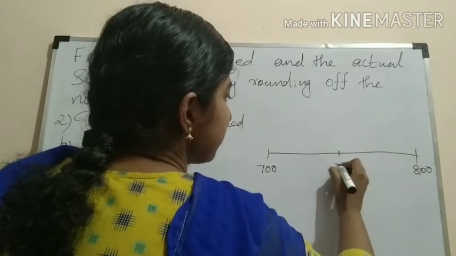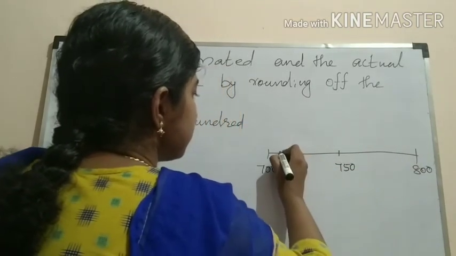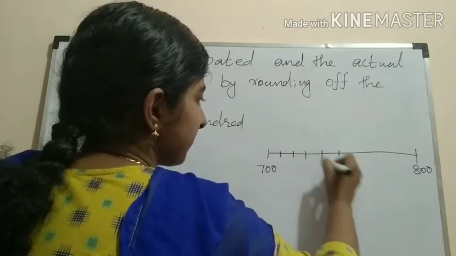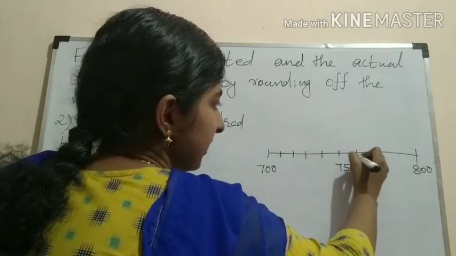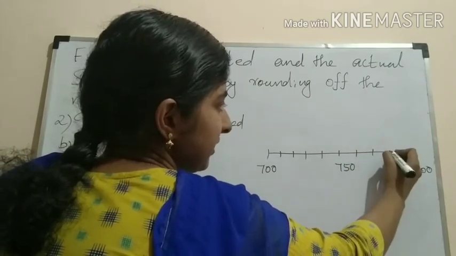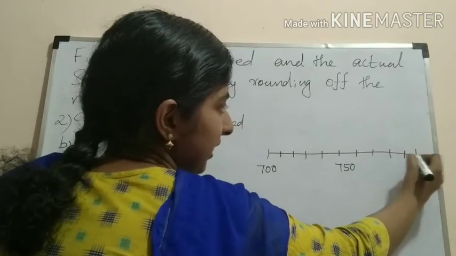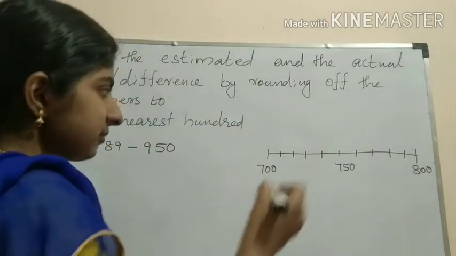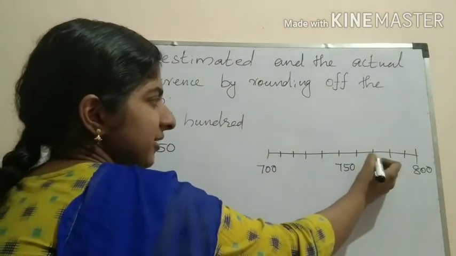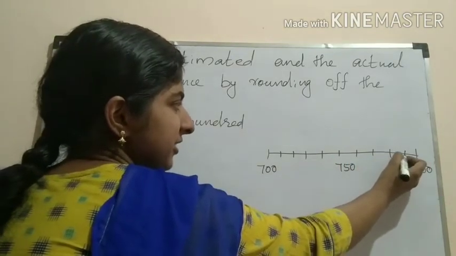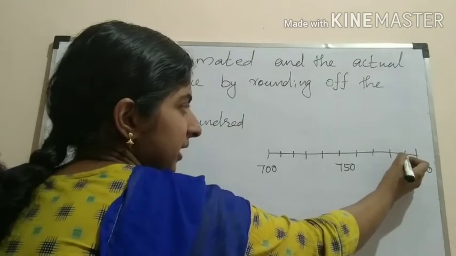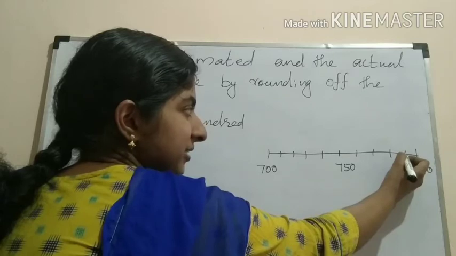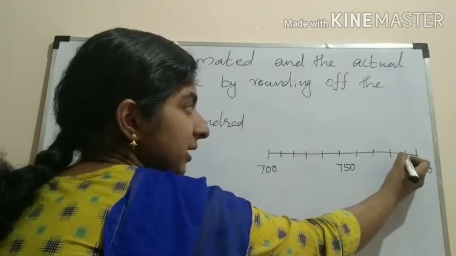This one is 750, 710, 720, 730, 740. Then 760, 770, 780, 790, 800. Then 789. 780 is here, 790 is here. 89 is just before 90, isn't it?